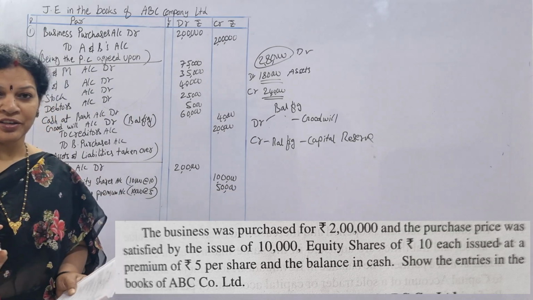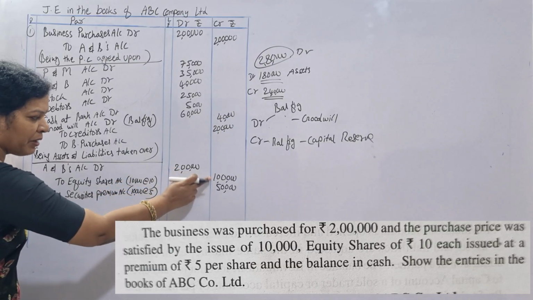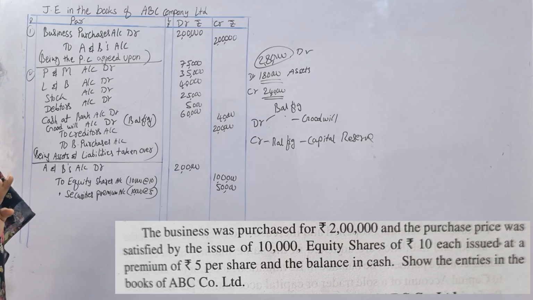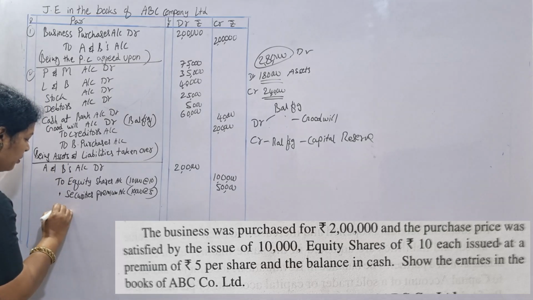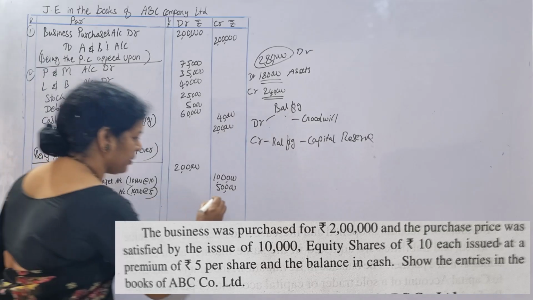And the balance in cash. Balance means how much? Out of 2 lakh, 1,50,000 is paid off. The rest of the amount is 50,000, which we are paying through cash. So cash account, 50,000.